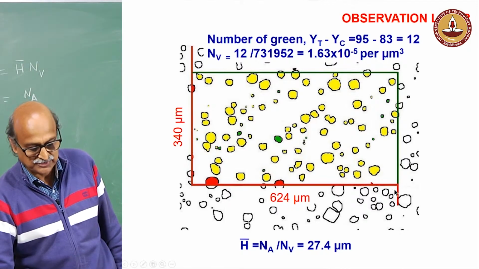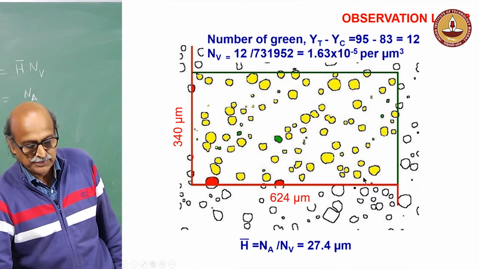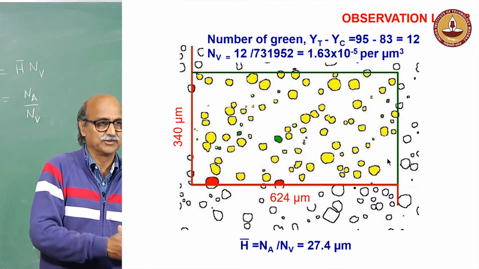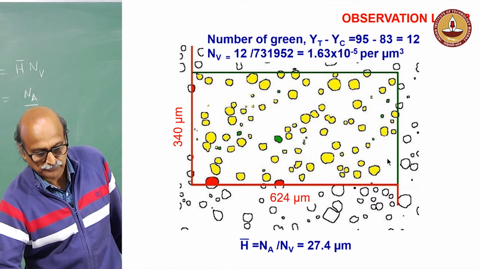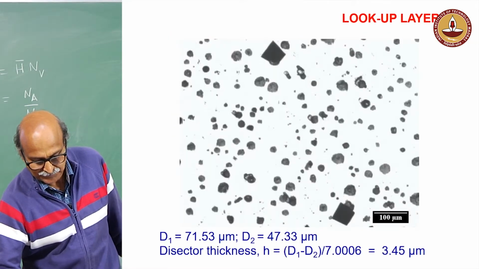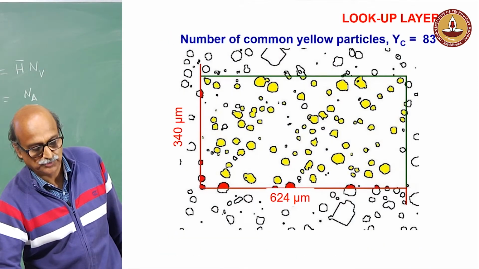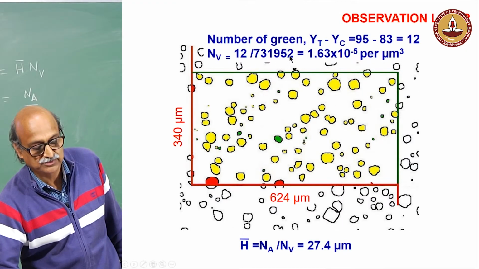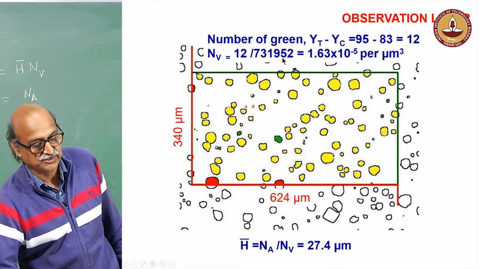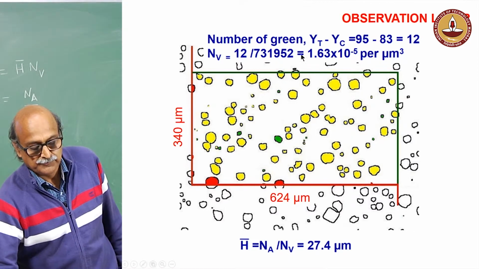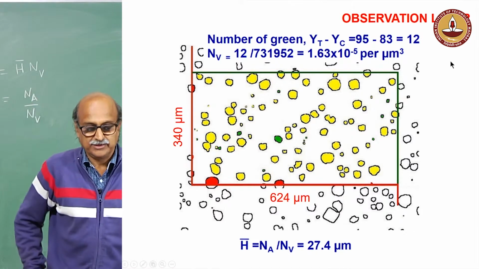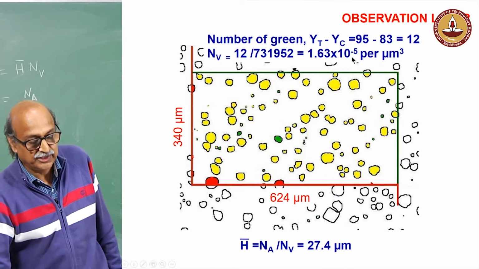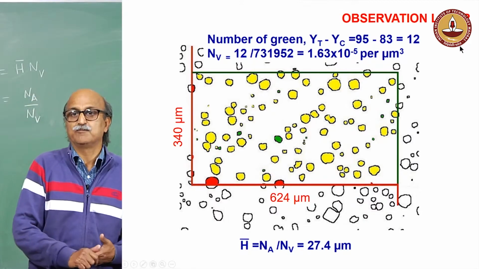So, the area of the dissector plane you know, multiplied by h, which we had calculated as 3.45 microns. So, one would multiply it by 3.45 microns to get the volume of the dissector, and this gives me a number density of 1.63 into 10 to the power minus 5 per micrometer cube.